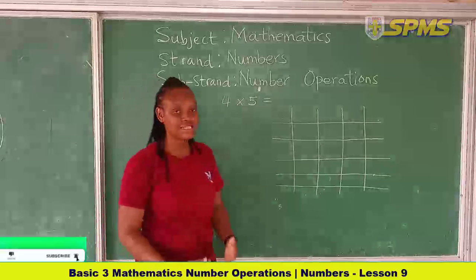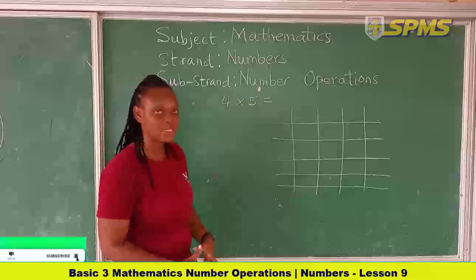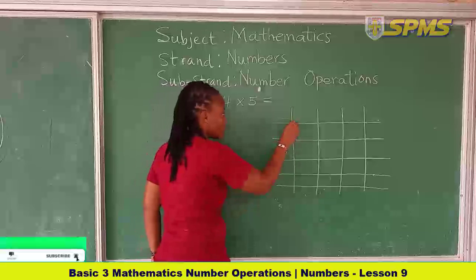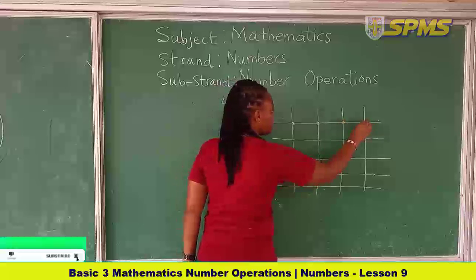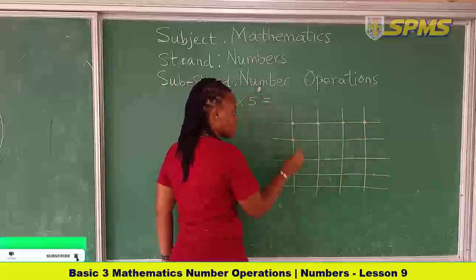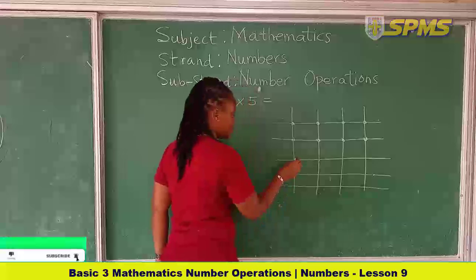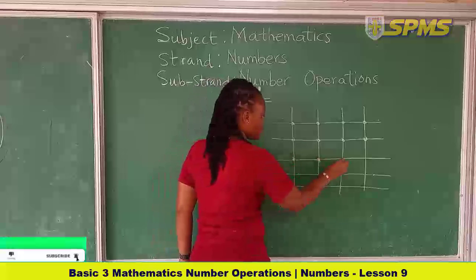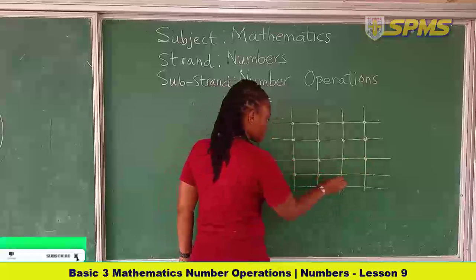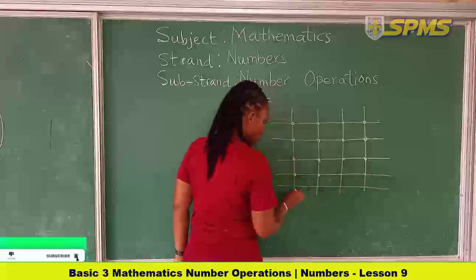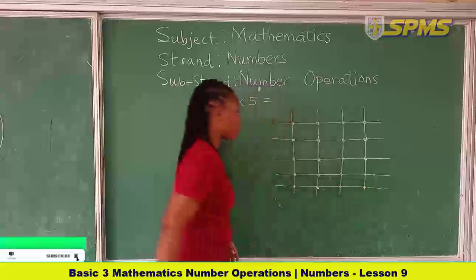Let us locate the intersections. The intersections. So where the lines meet. We have one here, another one here, another one. There's another one here, another intersection. Good. So these are all intersections because the lines are crossing each other, or they are meeting, they are joining together at this point.